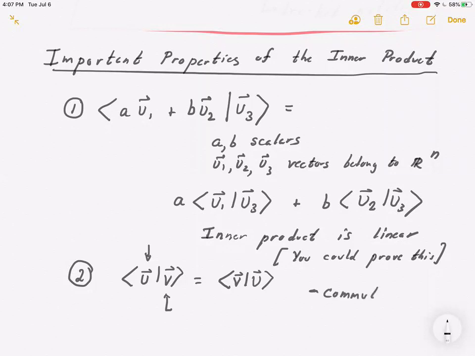And again, this is something you can prove just using the properties of the dot product and properties of real numbers. So the inner product is said to be commutative. We will not prove this explicitly in this course, but you could do that.